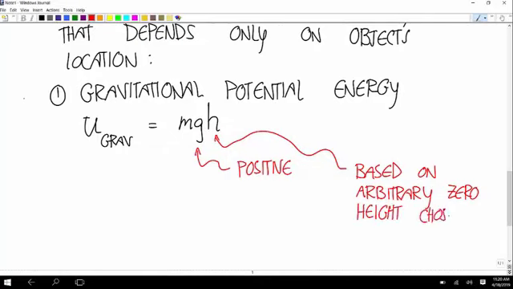That's chosen for the problem. Obviously, you can't choose an arbitrary zero height for every calculation inside the same problem, or your potential energy would be zero for everything, and it wouldn't be useful. Based on an arbitrary zero height chosen for the problem.